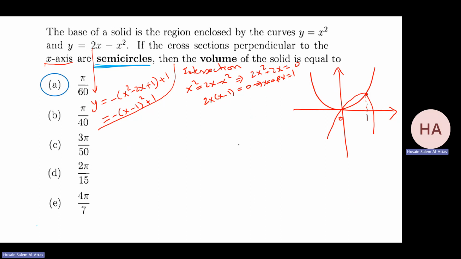Okay. Now let me do the strip, or the line. Okay, this is my line. So I need the upper one.